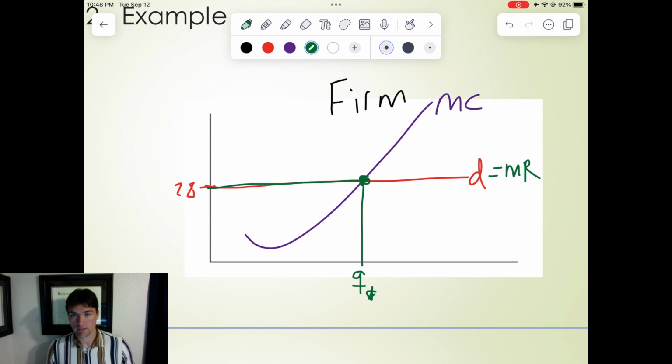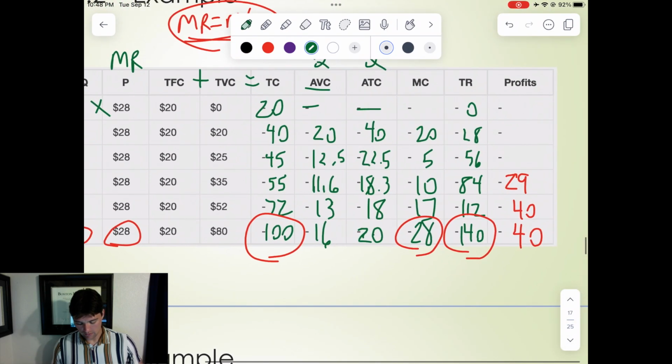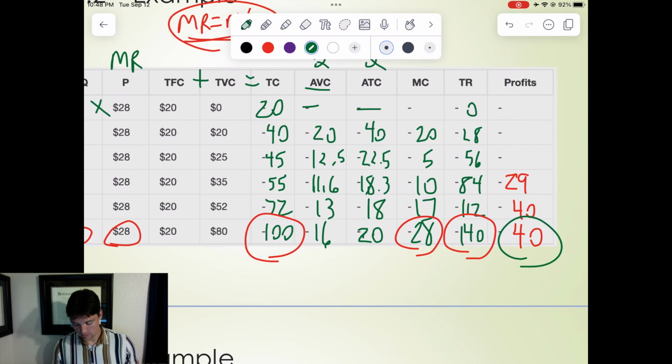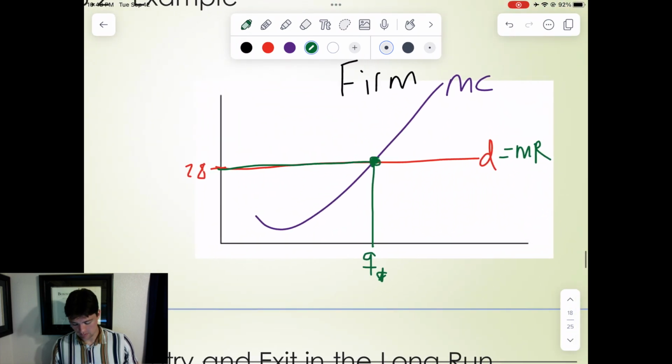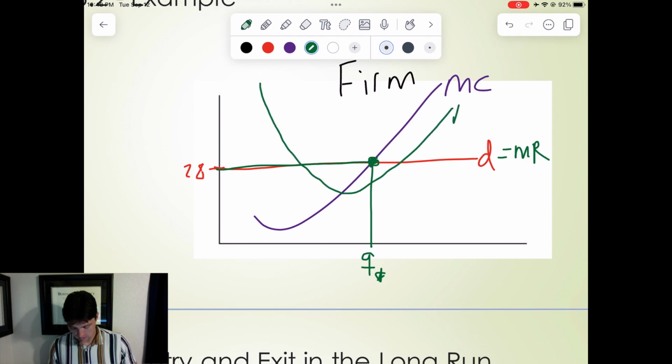I'll find my quantity, and I'll find my price here. So 28, and then at this quantity, am I making a profit? Yes, 40. So that means that my ATC is lower than the price. So I'm going to draw it like this. I'm going to go down, hit the minimum, and come back up.